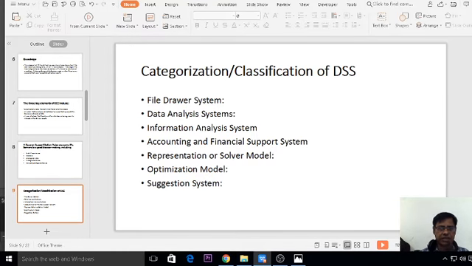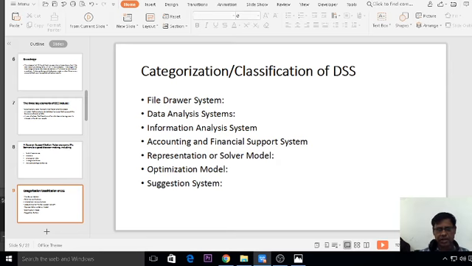Information analysis system is nothing but, see, we are analyzing the information through the software. By analyzing we are going to take a particular model. The whole subject is explaining how to find a realistic model.